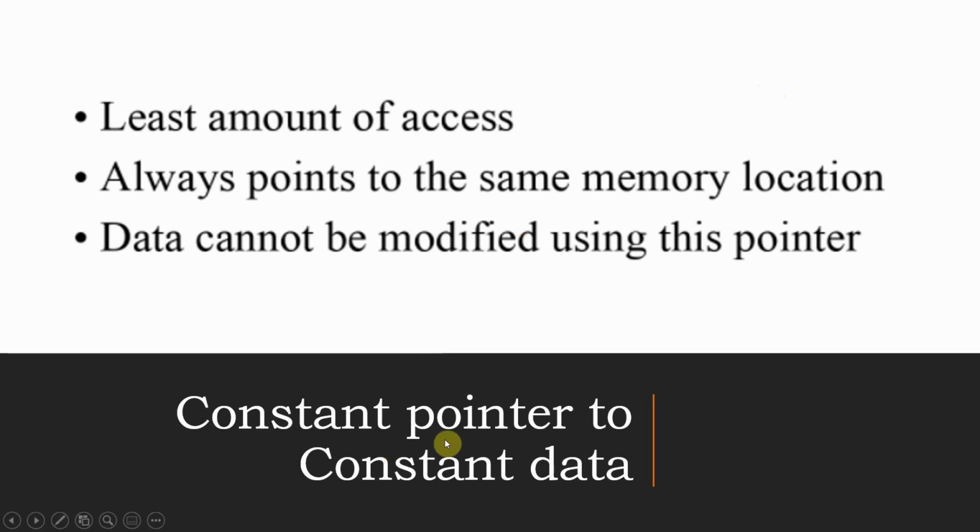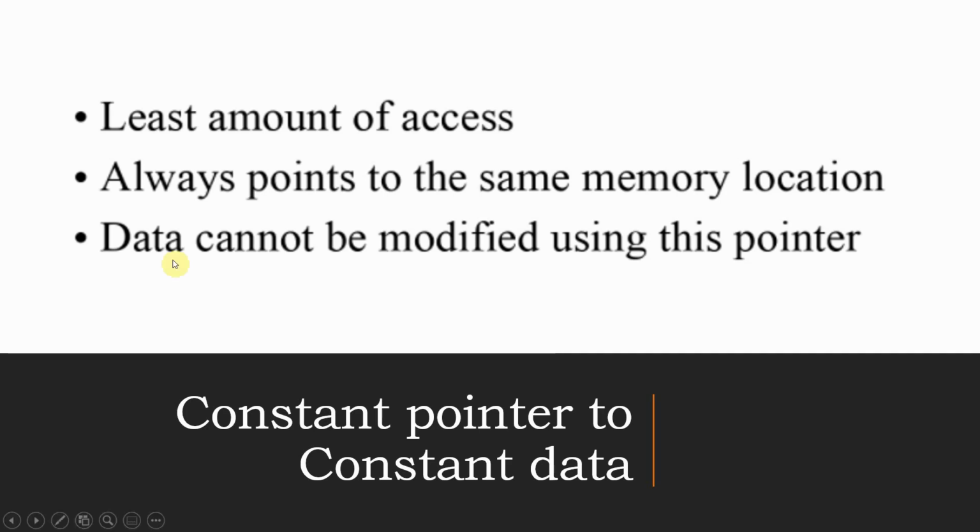Constant pointer to constant data. Here the pointer and data are both bounded, so it is the least amount of access. But in the start, non-constant pointer to non-constant data, I wrote high amount of access because the pointer and data both were not bounded.